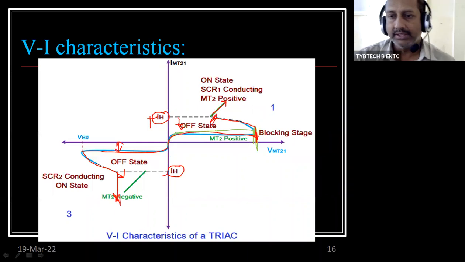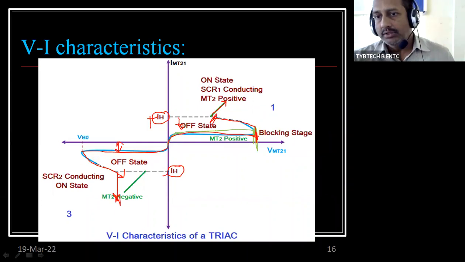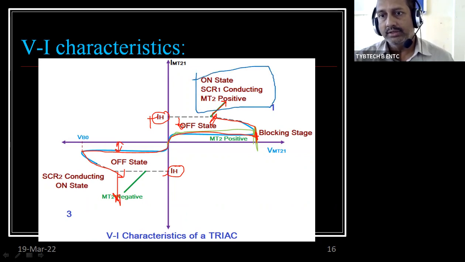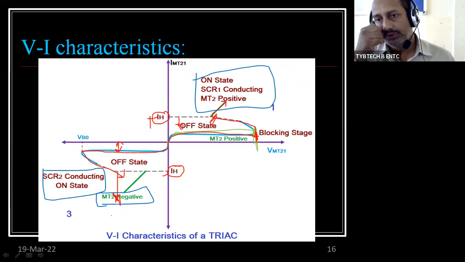The earlier one is the simple one. In this, some additional matter is also written: the on state, SCR1 conducting, MT2 positive, SCR2 conducting, on state, and MT2 negative. So you can combine the major things from both diagrams and prepare your own VI characteristic for DIAC.